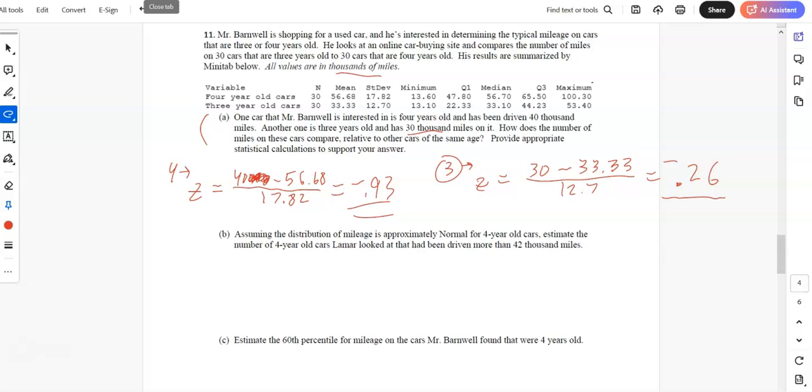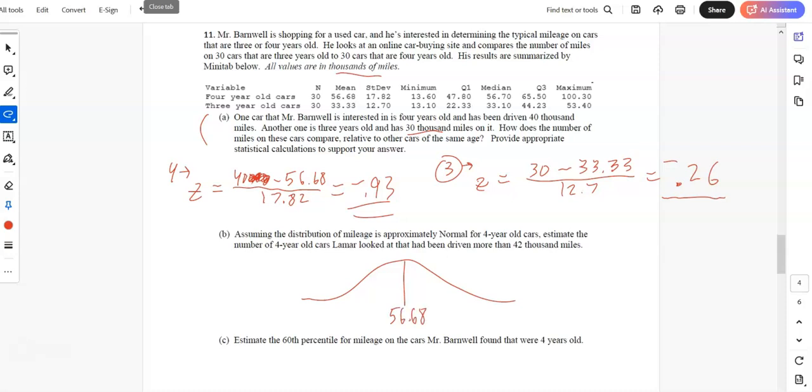Assuming the distribution of mileage is approximately normal for 4-year-old cars, estimate the number of 4-year-old cars that Lamar looked at that had been driven more than 42,000 miles. Okay, so we're looking at 4-year-old cars, right? I'm just sketching it out. We know the mean for 4-year-old cars is 56.68.